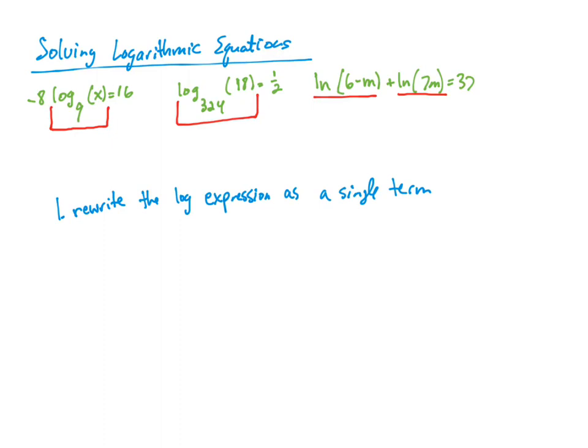And then typically from there we will convert to an exponential equation to solve. This isn't always the procedure we need to take, and we'll see when we don't need to go through these steps. But for these first few examples, this is what we'll do.